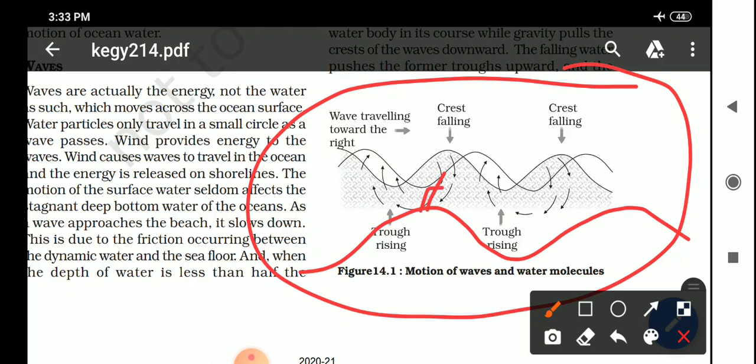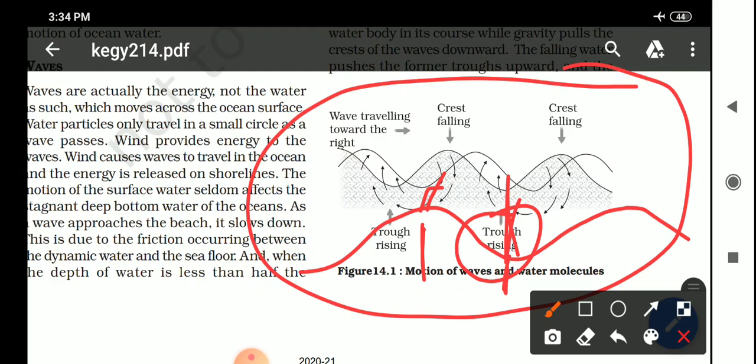This portion is called the crest and this portion is called the trough. The difference between the crest and trough is known as the wave height. You can see this is the wave height.